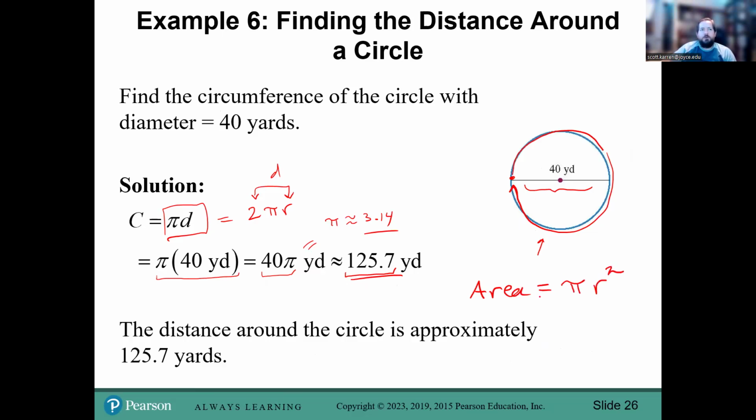Right? So if I wanted to find the area of this, I would have to turn this 40 yards into a radius. A radius is just the diameter divided by 2. So here my radius is 40 yards divided by 2, so it's 20 yards.